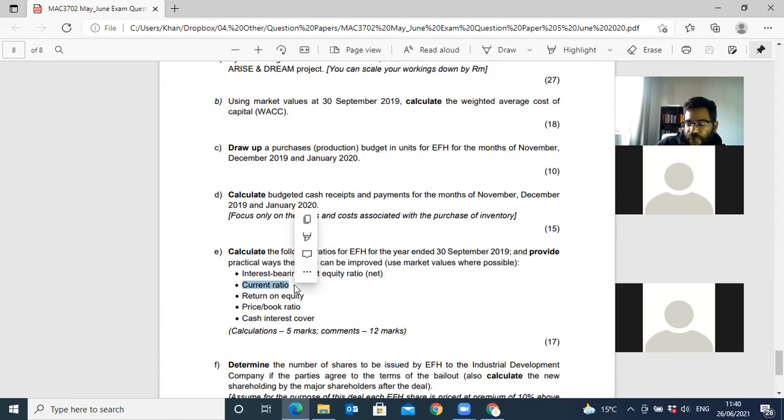So number one, the way they can improve the current ratio is by perhaps invoicing credit sales earlier so that they can get cash flows immediately, right? They're saying they get cash flows within 7 days of invoice. They invoice credit sales at the end of each month, and within 7 days they get 60%.